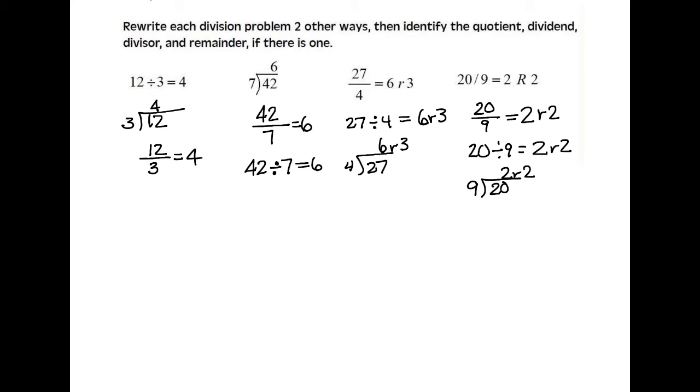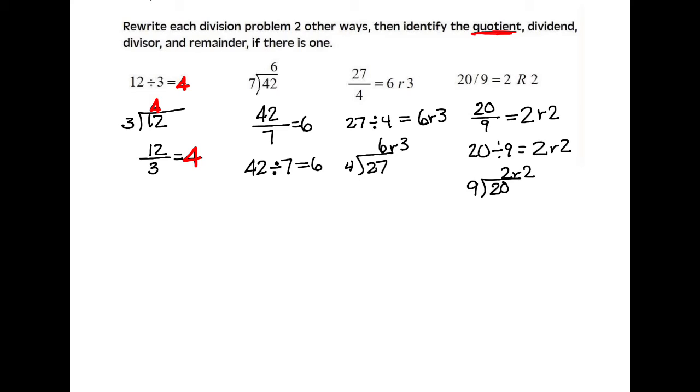Okay, so now we need to go back and identify the quotient, the dividend, the divisor, and the remainder. Let's say the quotient. Quotient is the answer. So the answer is right there. Those are all the quotients.